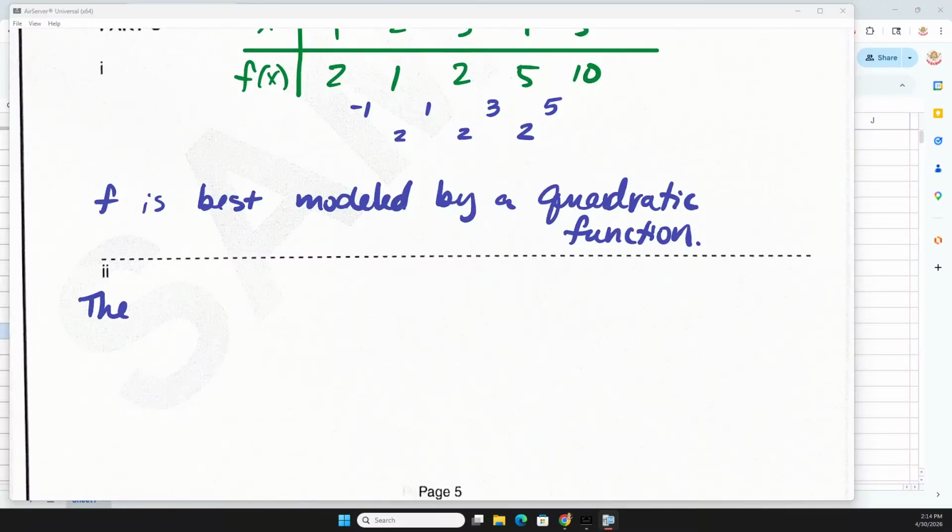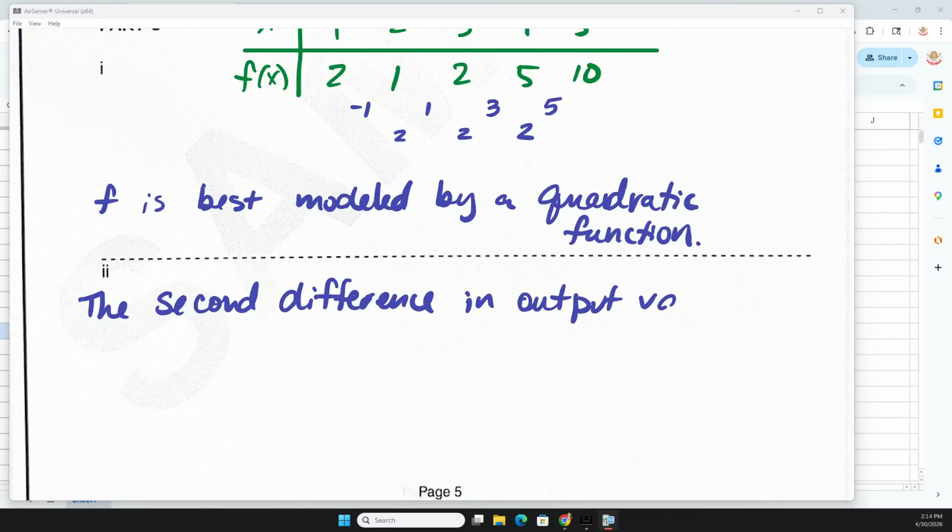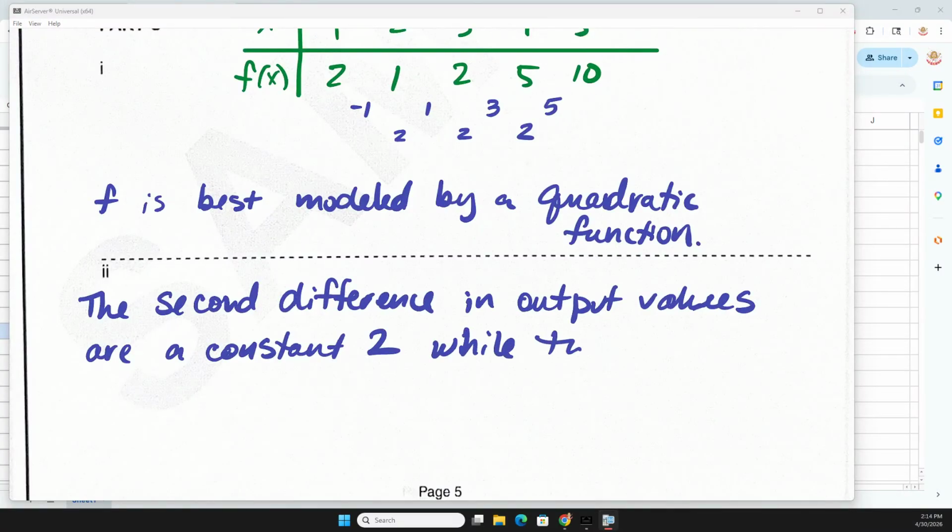So on this output, we would say the second difference in output values is a constant 2, while the input values are increasing by 1 each time.